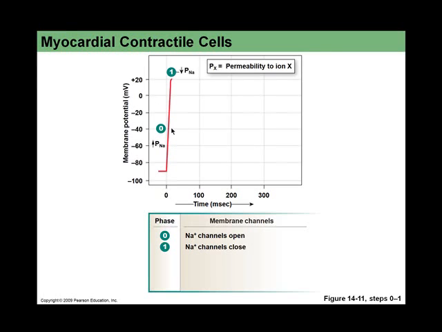And then the phase 2, we're going to see those voltage-gated calciums closed by the time we reach the peak of the action potential at about positive 20. So you also note that the peak value of the action potential is different in the cardiac myocyte than the neurons.